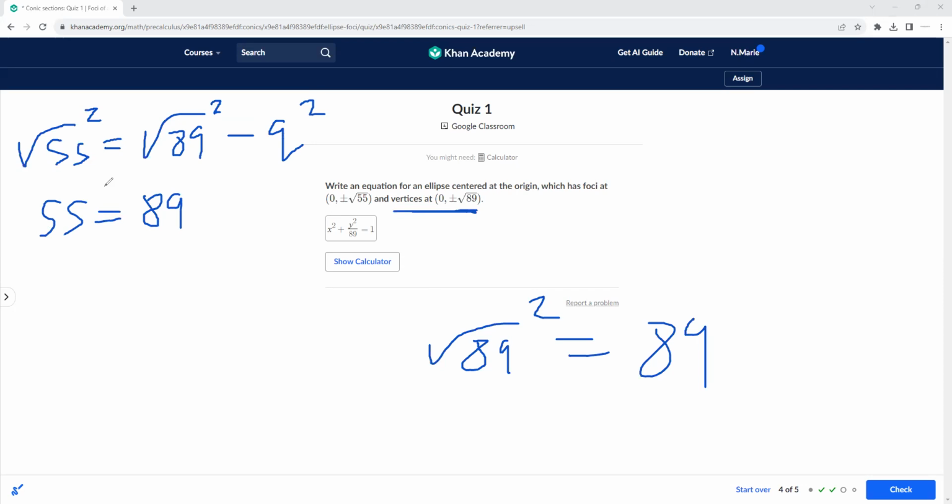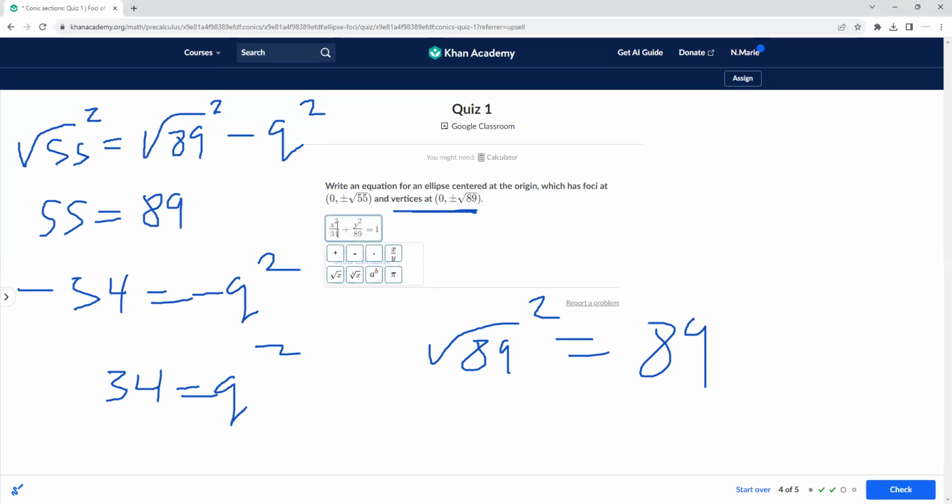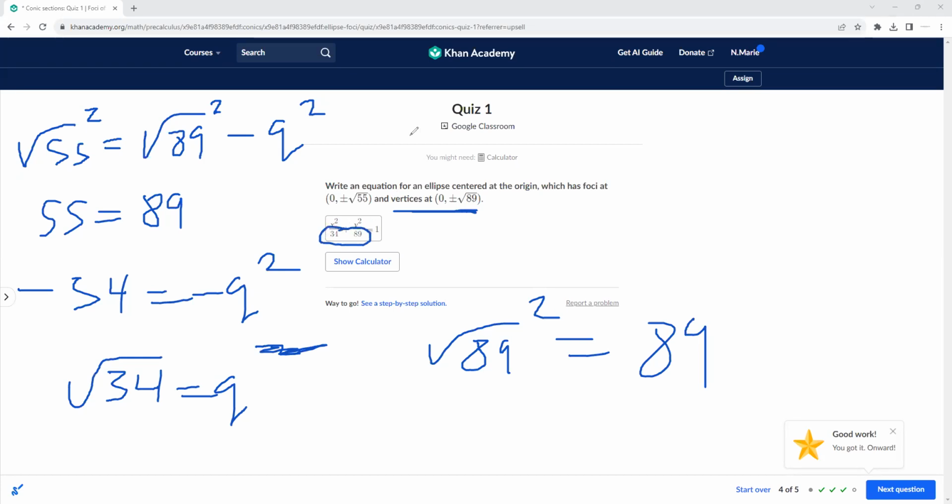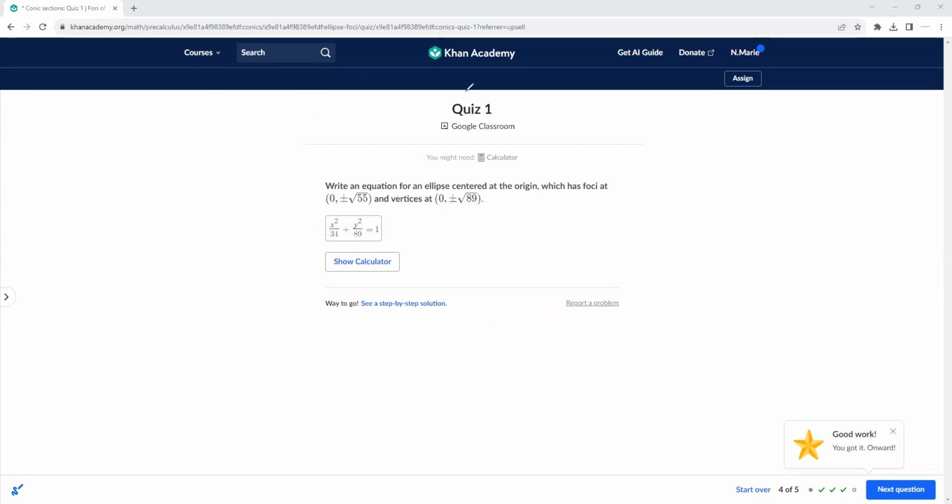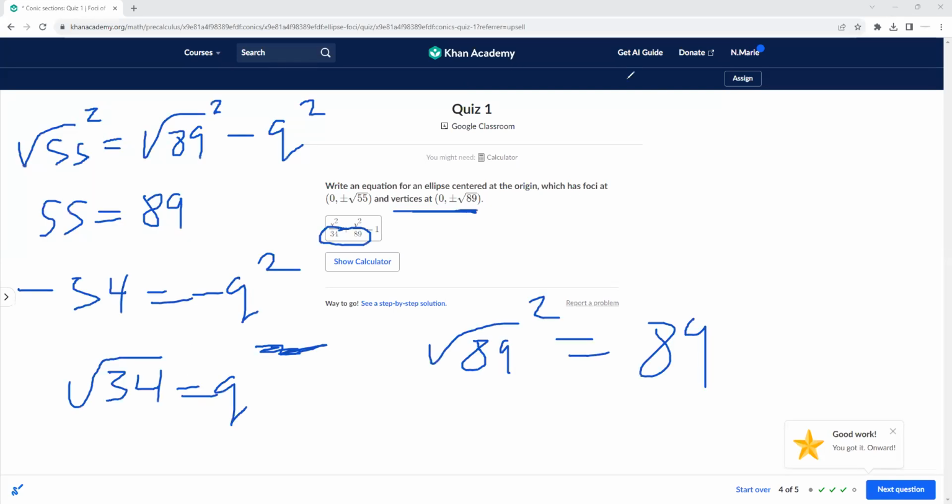So 55 minus 89 gets me -34 equals negative q squared. Divide both sides by negative and you get 34 equals q squared. And so q is the square root of 34. And when you square that, you just get 34, right? So q is the square root of 34. And so we need to make sure our numbers are squared here. So we use the foci to find our co-vertices and then write the equation for the ellipse.